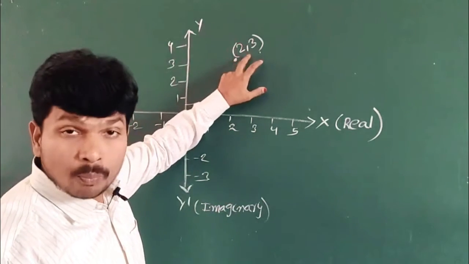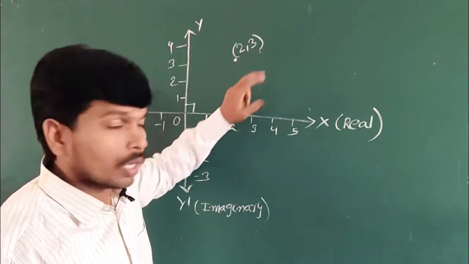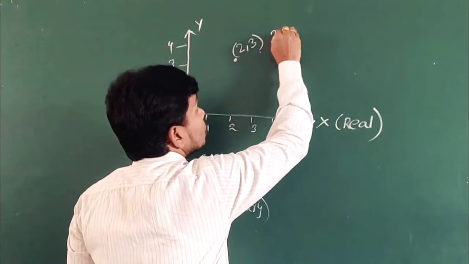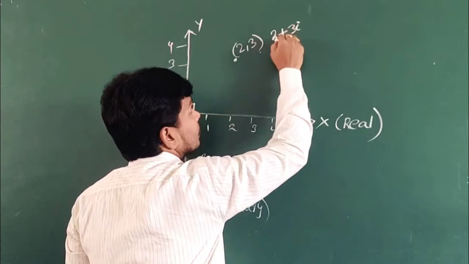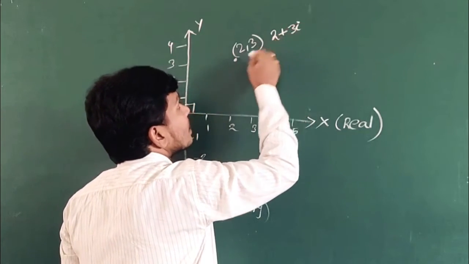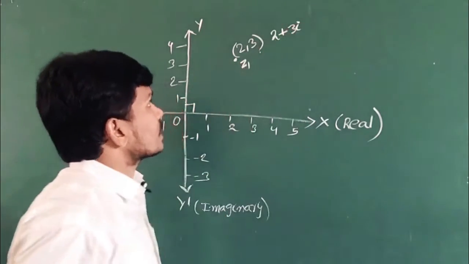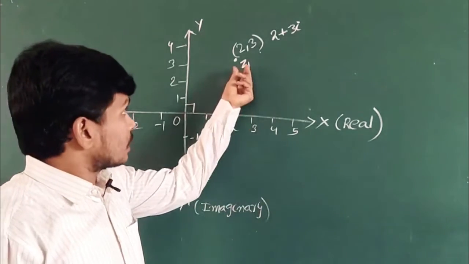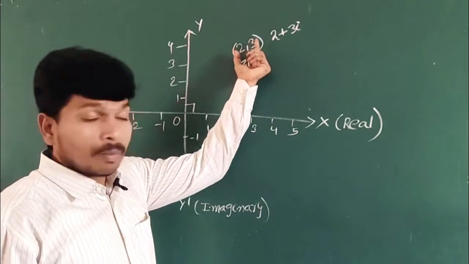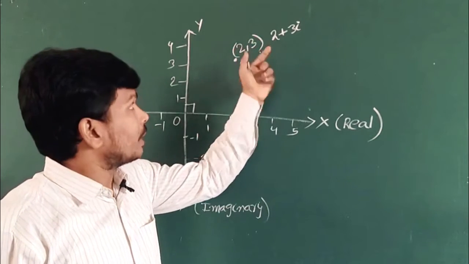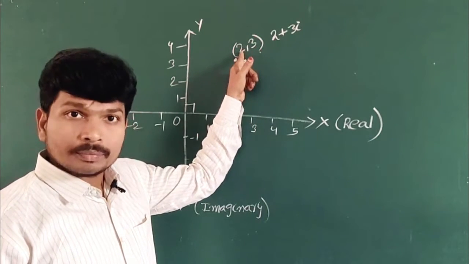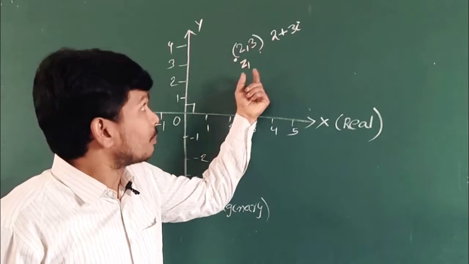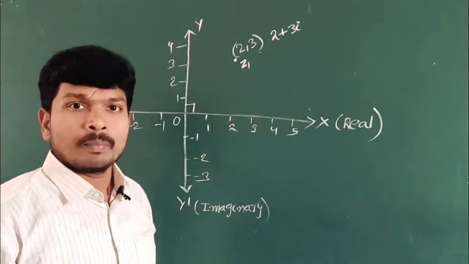If we write one point in the Argand plane as 2, 3, that indicates the complex number 2 plus 3i. Suppose it is denoted by z1. When we write the ordered pair 2, 3 for z1, what is the meaning? 2 is the real part, 3 is the imaginary part, and the complex number is 2 plus 3i.